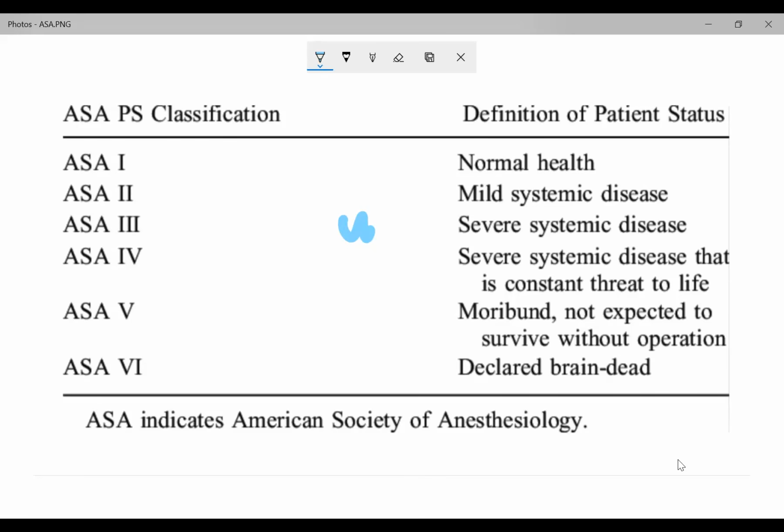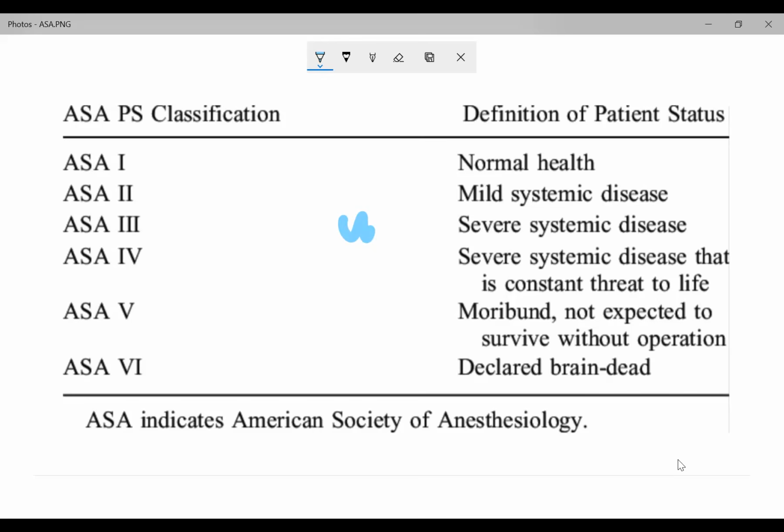ASA 5, moribund, not expected to survive without operation. Maybe he has had one massive intracerebral hemorrhage with raised intracranial pressure. You can't just say, okay, let me continue.